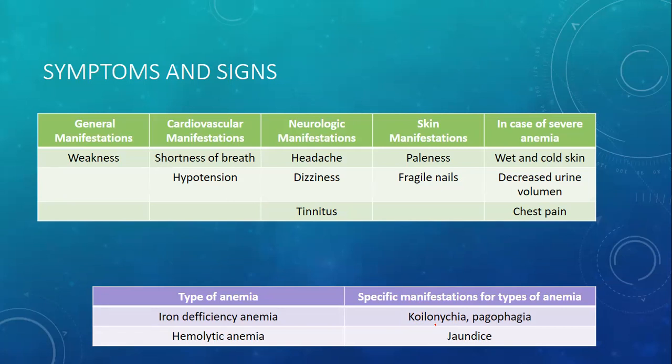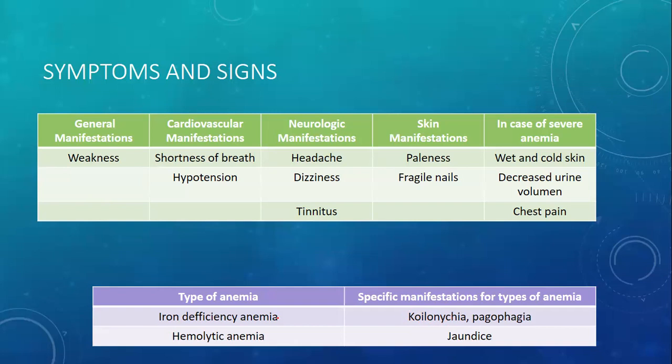The shape of a spoon. Does anybody know what a spoon is? S-P-O-O-N. Cuchara. Yes, great. Koilonychia means a nail that has the shape of a spoon.